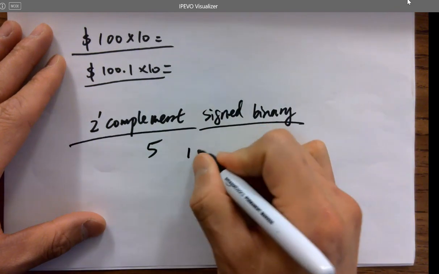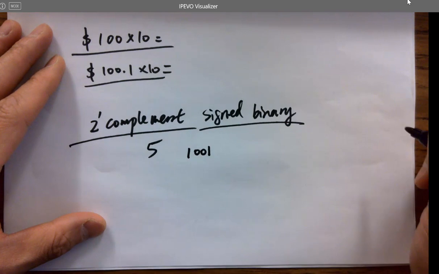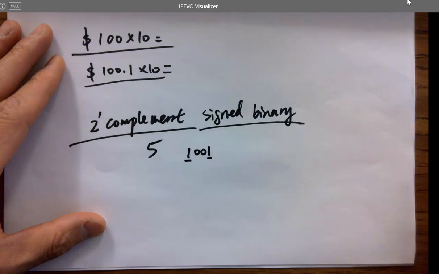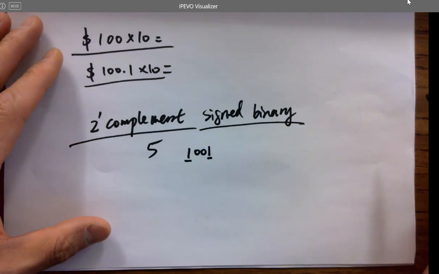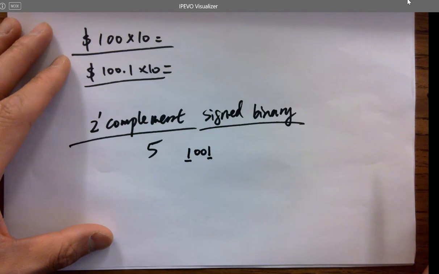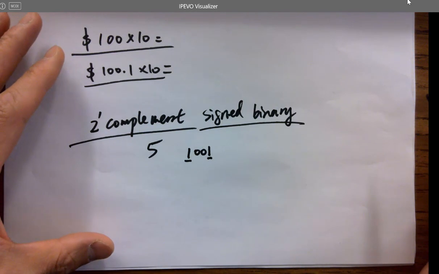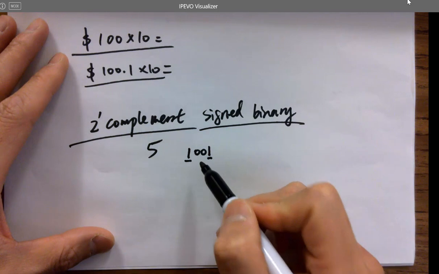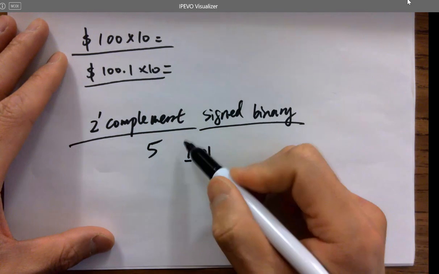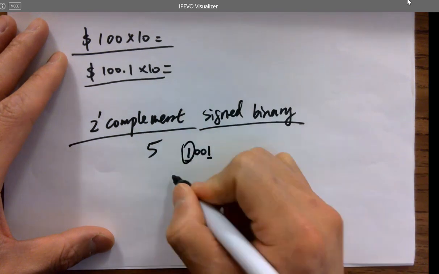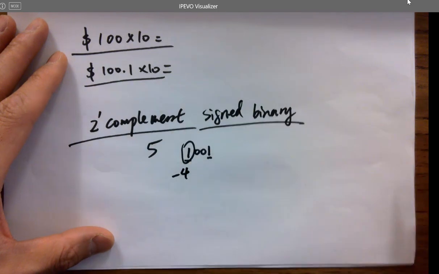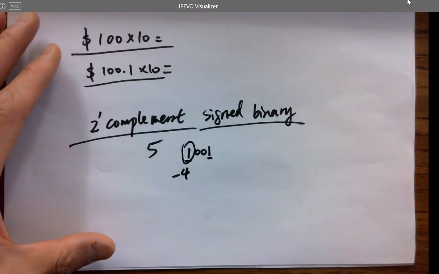We are saying 1, 0, 0, 1, which is 4 plus 1, 5. In 2's complement, it's not 5. This one is not 4 anymore, but instead it's minus 4.